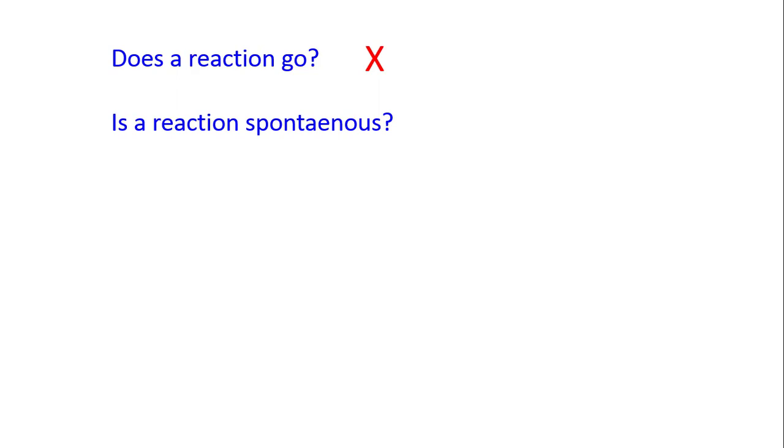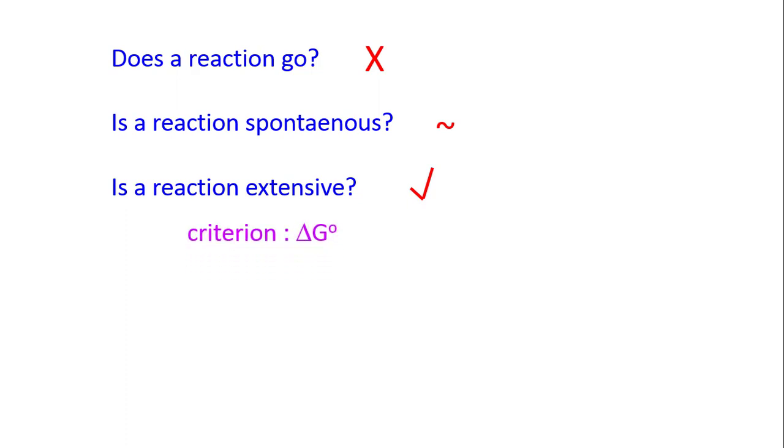So that's a better question, but still not ultimately what we want to know. We really want to know if a reaction is extensive. It gives a lot more information about a reversible process. That tells us if we get mostly products, and the criterion is the sign of delta G0.